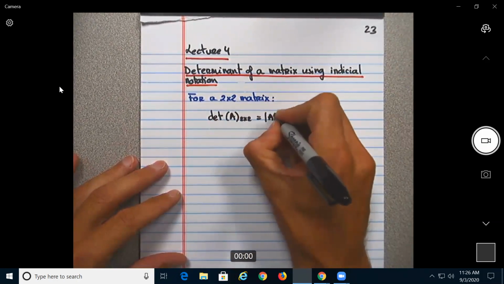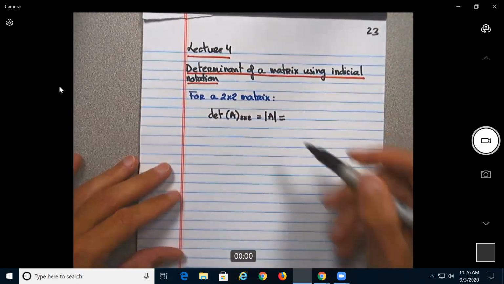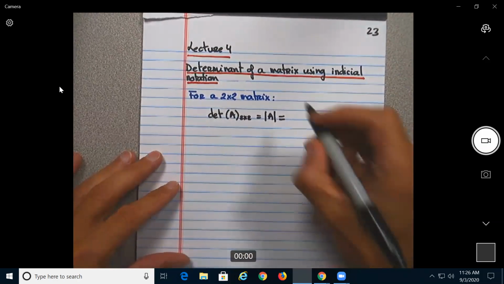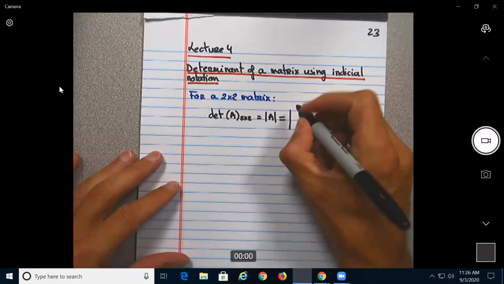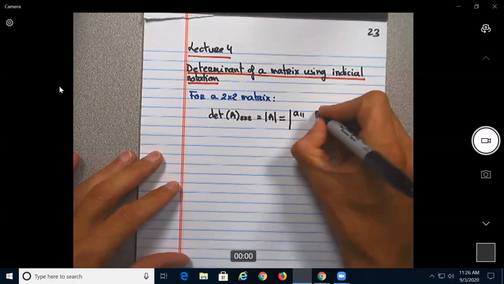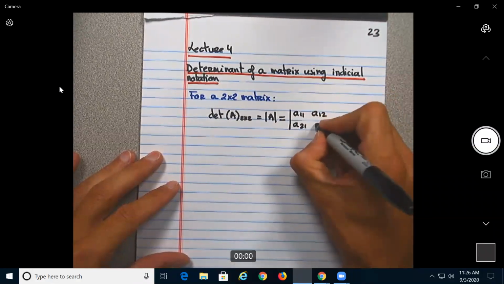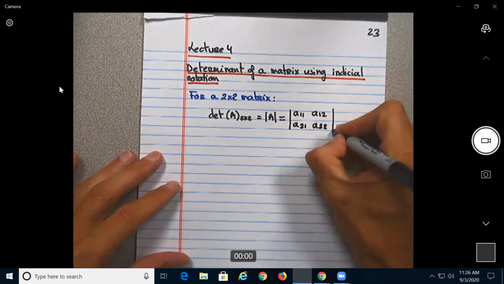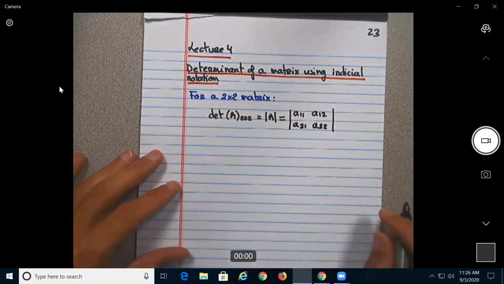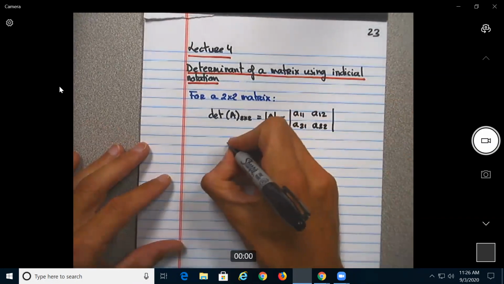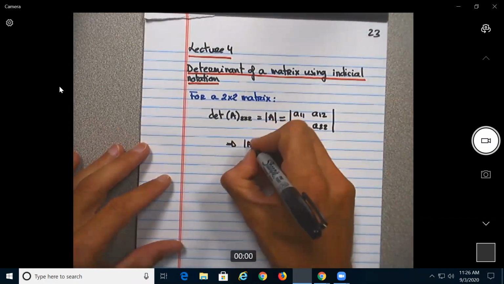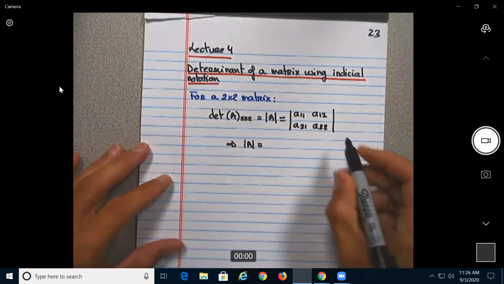The general notation for the determinant is you put the vertical lines and the letter in the middle, and your matrix will have coefficients A11, A12, A21, A22. So it's well known that the determinant will be equal to what?